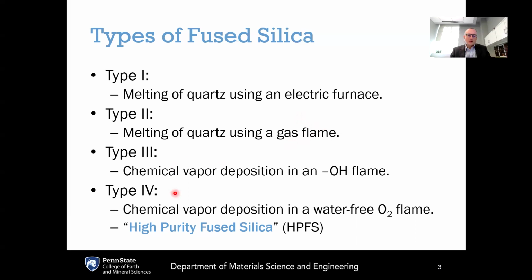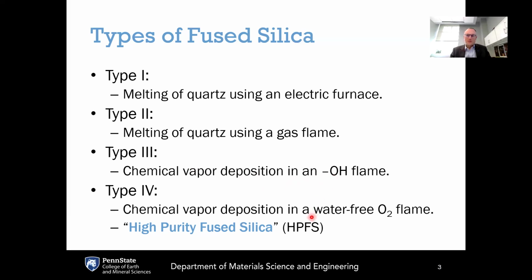Type 3 and type 4 fused silica both involve chemical vapor deposition, reacting silicon tetrachloride with oxygen to form silica soot. With type 3 fused silica, this is done in a wet flame, so this doesn't really get rid of the problem of water. It could get rid of the problem of sodium impurities.